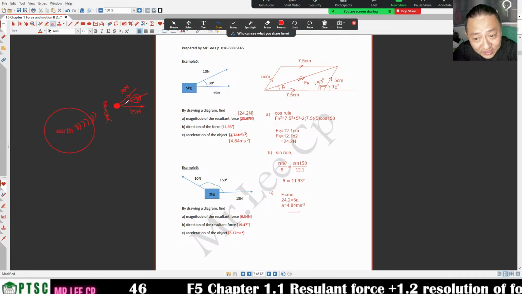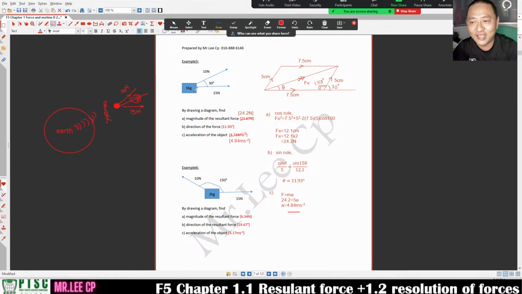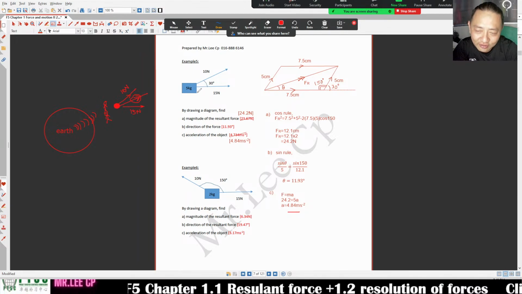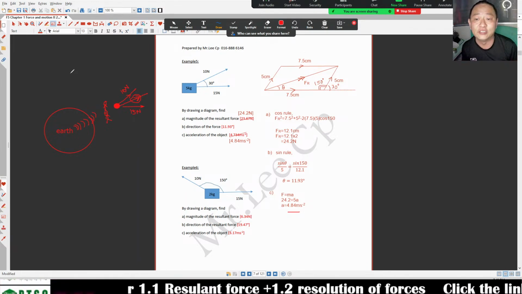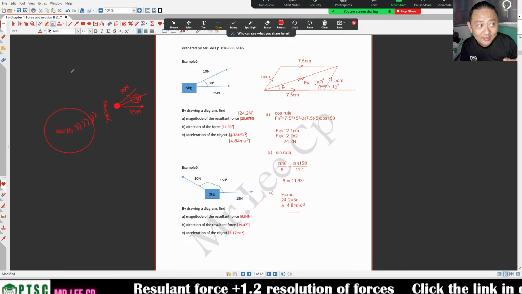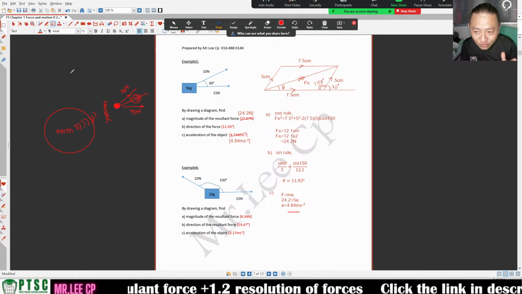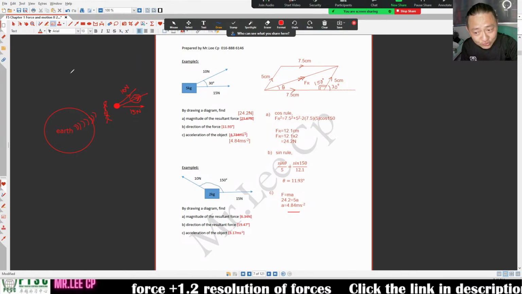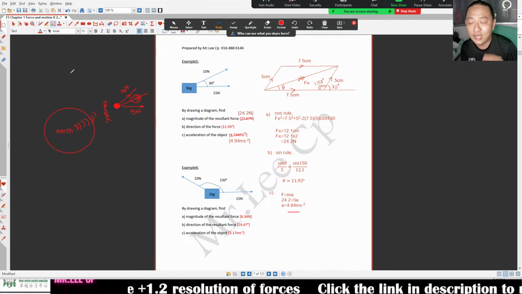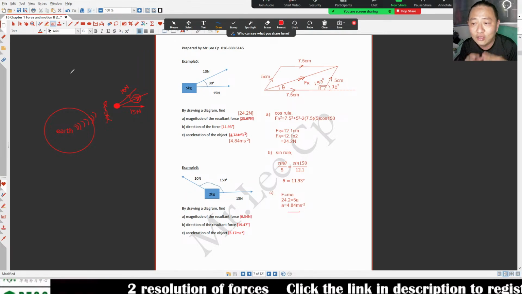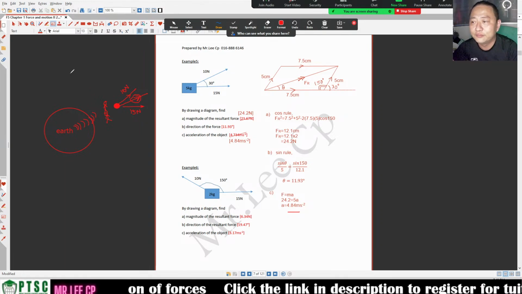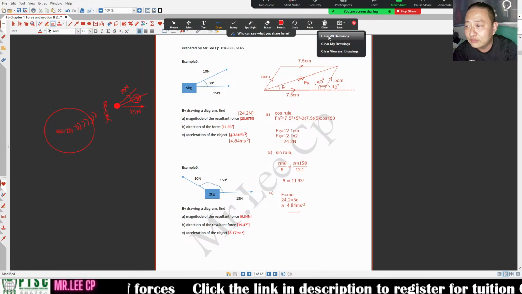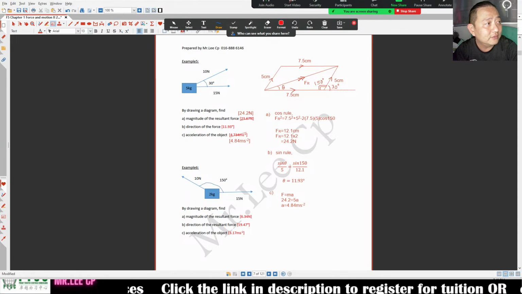If you do it this way, here it looks not logical because this one has ground, but actually I said this is in another situation, probably outer space, with no frictional force. If you have a frictional force, the question will tell you what it is, and then you have to deduct the frictional force.